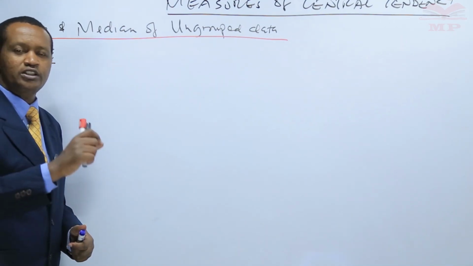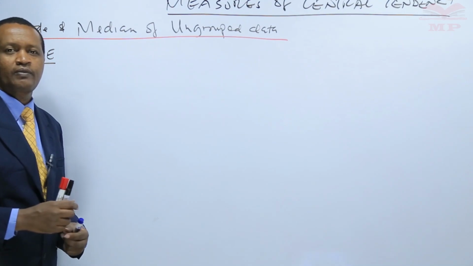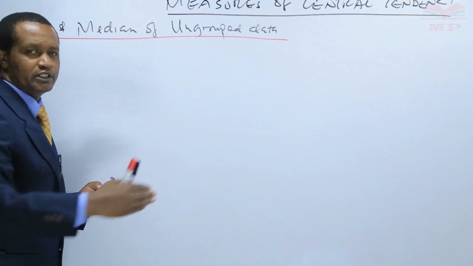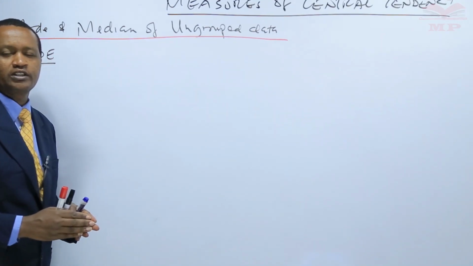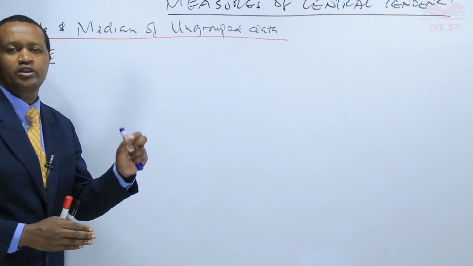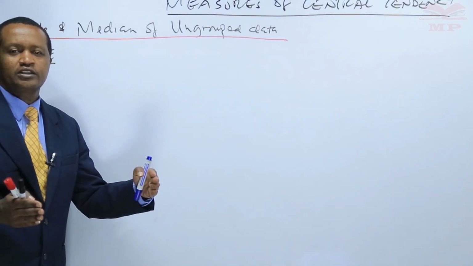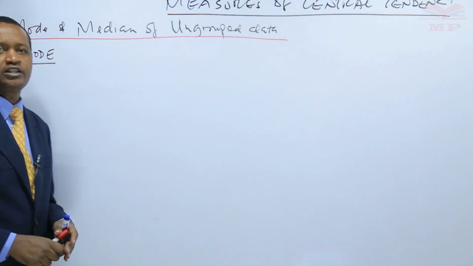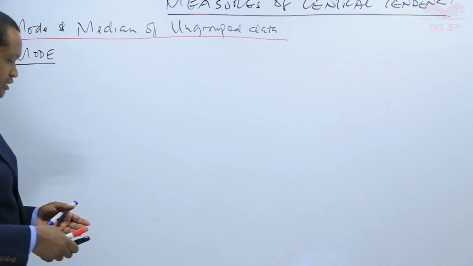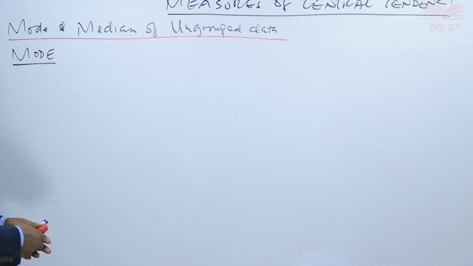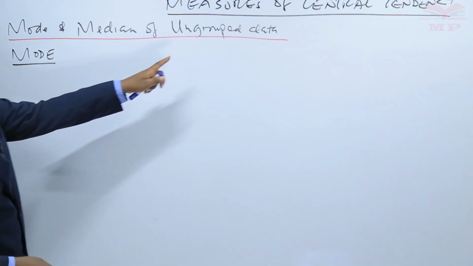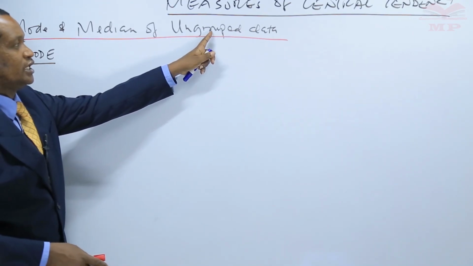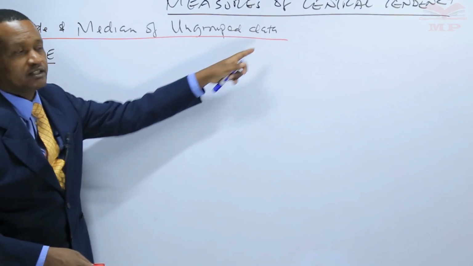It is a quantity that is most frequent in a set of data, the most common, the value that occurs many times in a set of data, and here we want to focus on the ungrouped data.